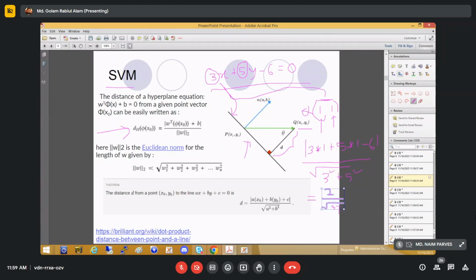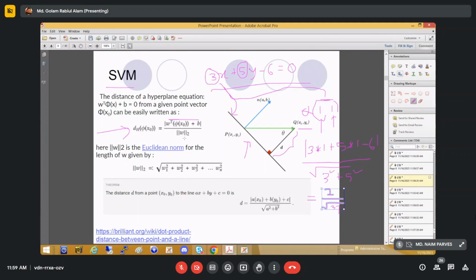So this is the hyperplane equation. We know that it is W transpose X plus B, divided by the square root of the coefficients squared. Here the coefficients were 3 squared and 5 squared.